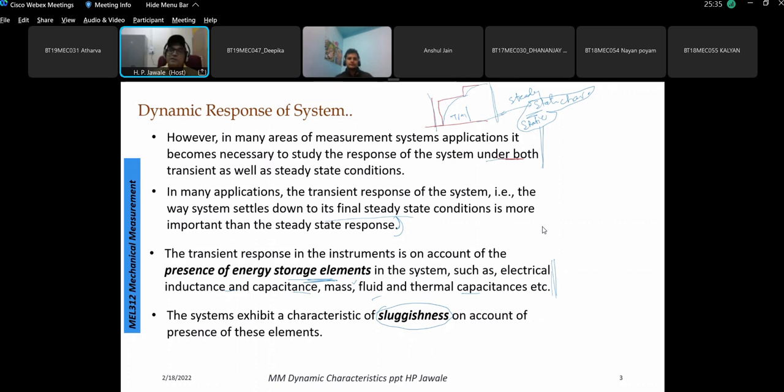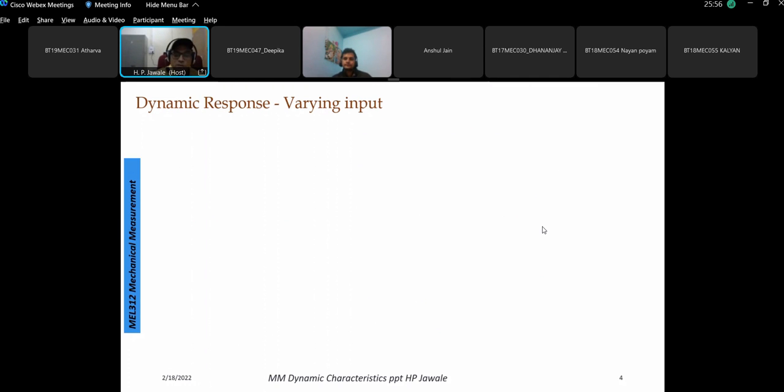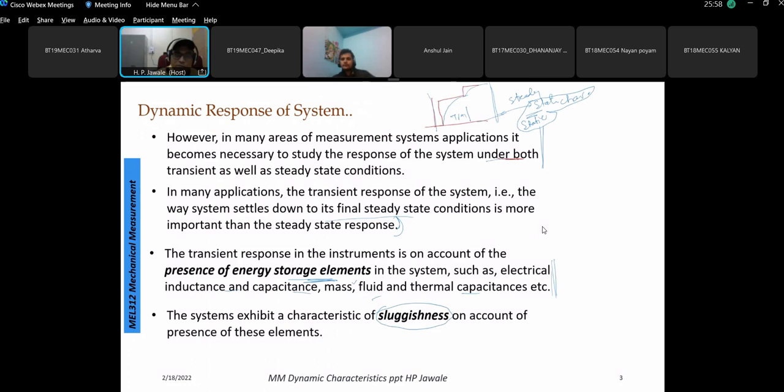sluggishness on account of the similar items that we discussed, like electrical resistance, capacitance, mass, fluid, and energy absorbing devices like the cantilever or the spring, elastic members or mechanical devices or mechanical systems, or a measurement system consisting of a combination of these components. So this sluggishness we need to account for by taking into consideration the dynamic response.